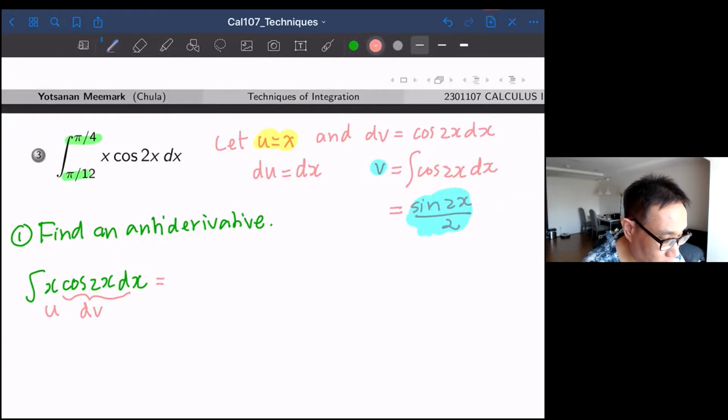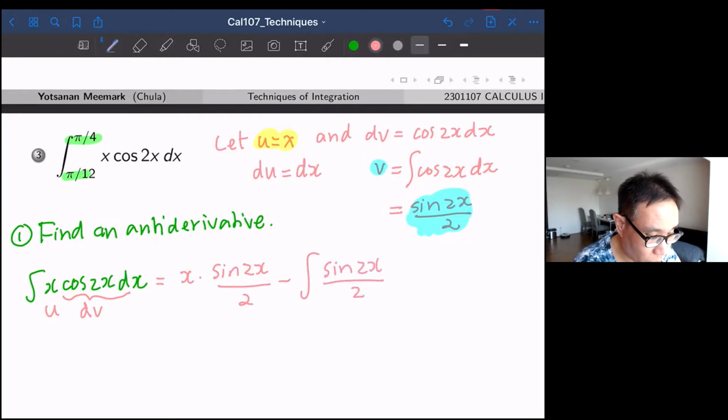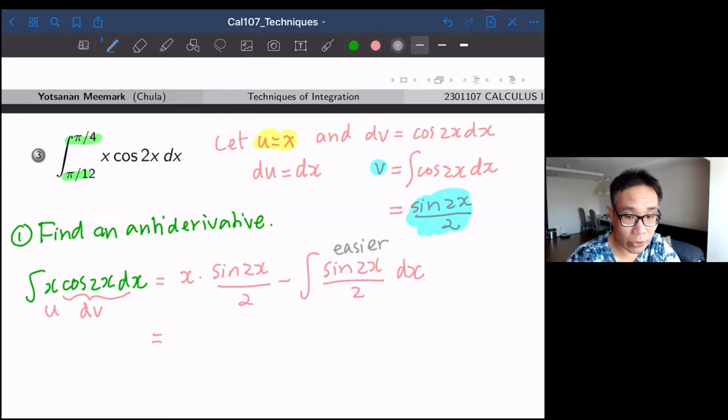So you have uv, which is x sin 2x over 2, minus the integral of v, which is sin 2x over 2, and du must be dx. Then you see that this one is going to be easier. We have turned from more complicated into easier.